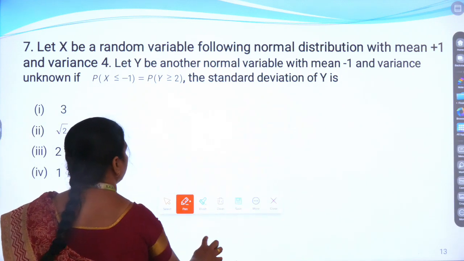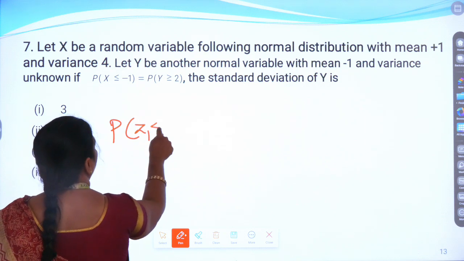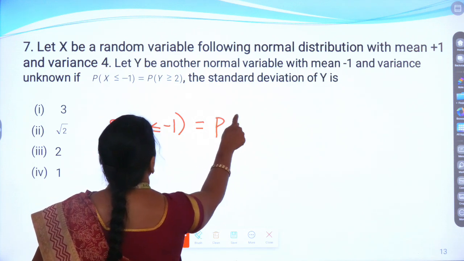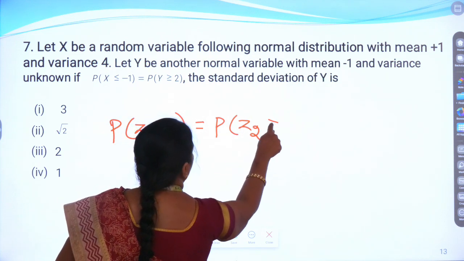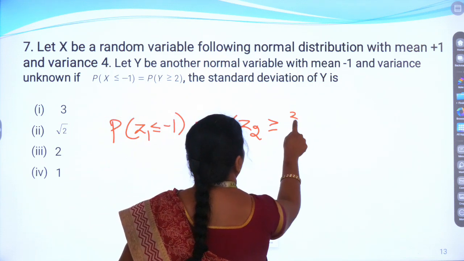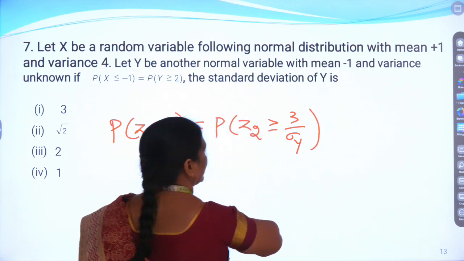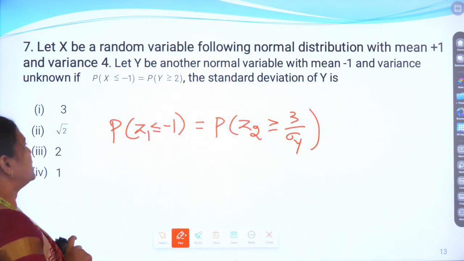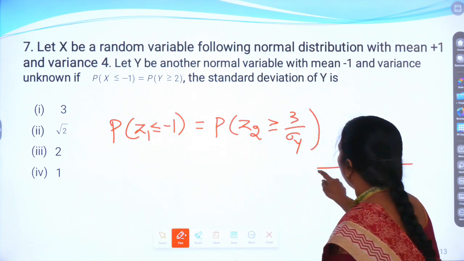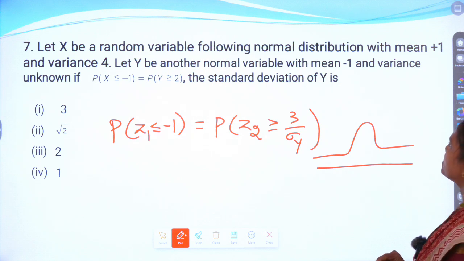How we have transformed it is: probability of z1 less than or equal to minus 1 is equal to probability of z2 greater than or equal to 3 divided by the standard deviation of y, which we don't know, so we will consider it as sigma y itself. Now we have to find the probability of z less than or equal to minus 1.